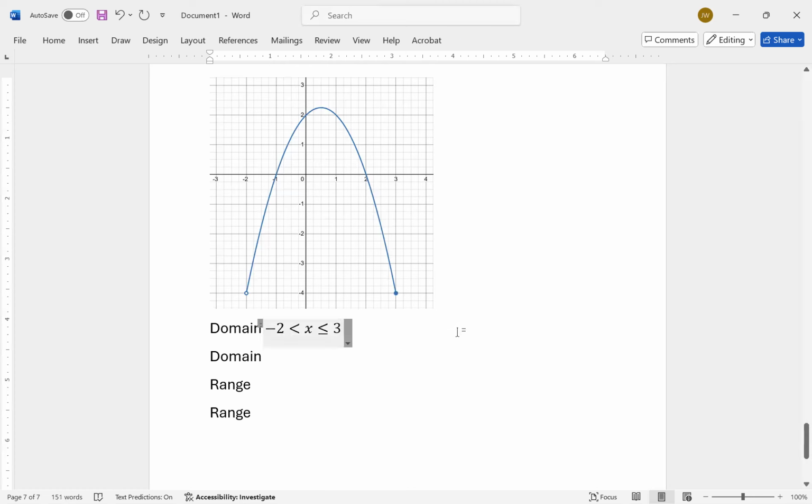So in this case, we're going from x values between -2 and 3, being able to touch 3 but not -2. That means the interval notation would be parenthesis, -2, comma, 3, square bracket.